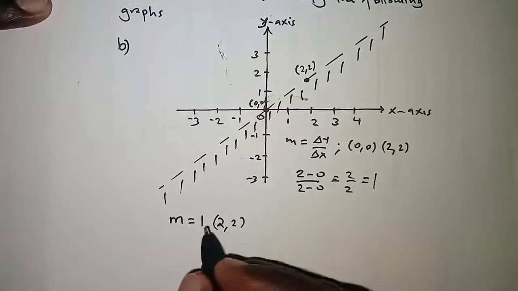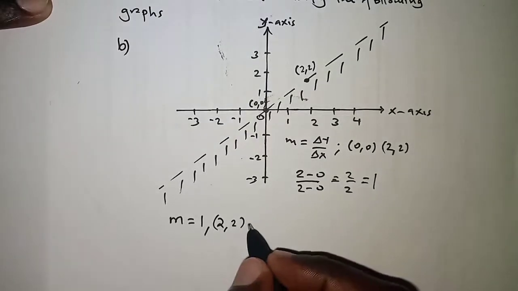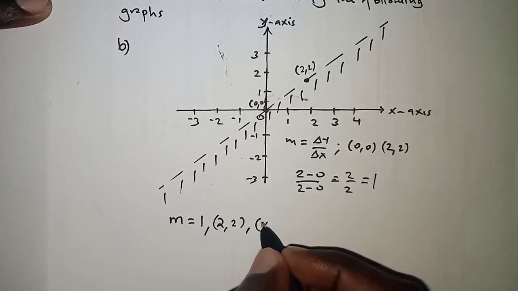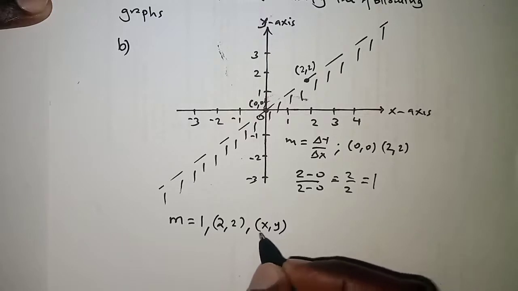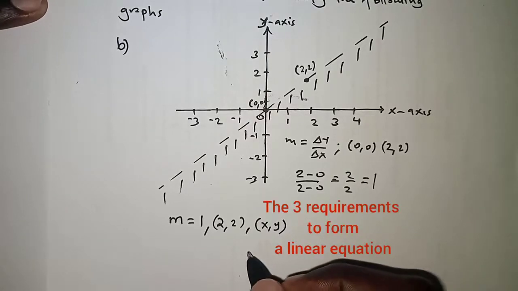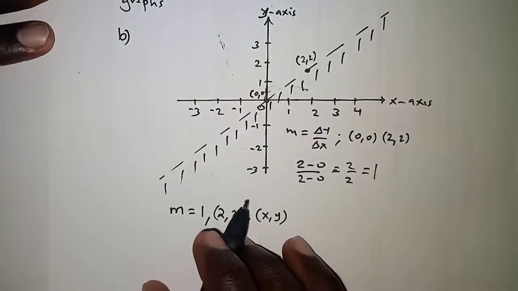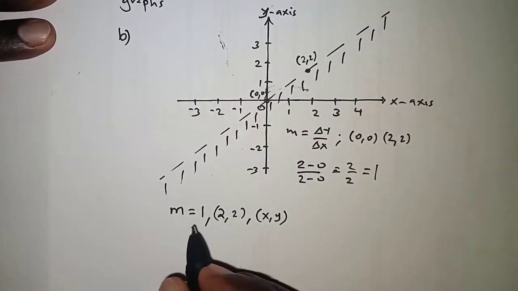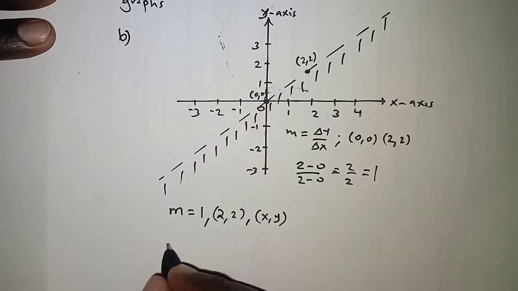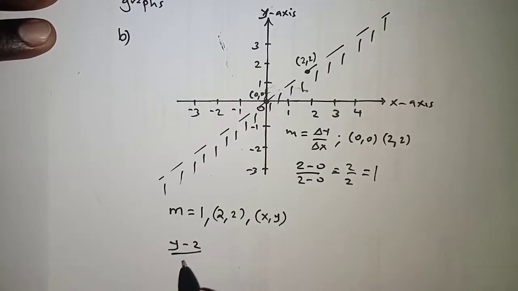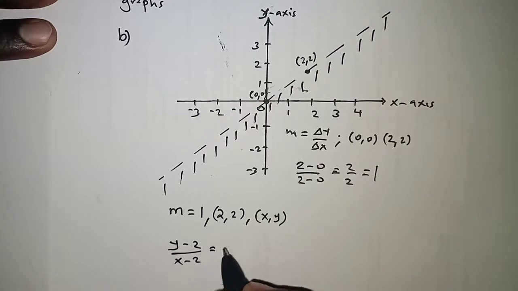Here we are going to have these 2 points and a general point x, y. Again, change in y over change in x, so that is y minus 2 all over x minus 2, and that should give us the gradient 1.